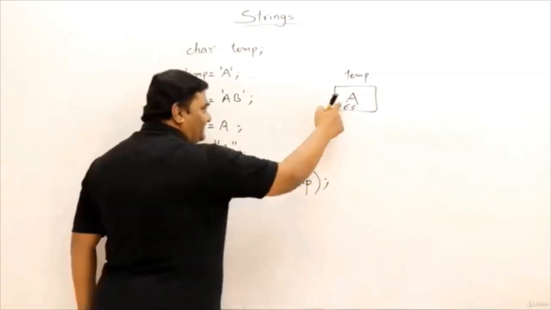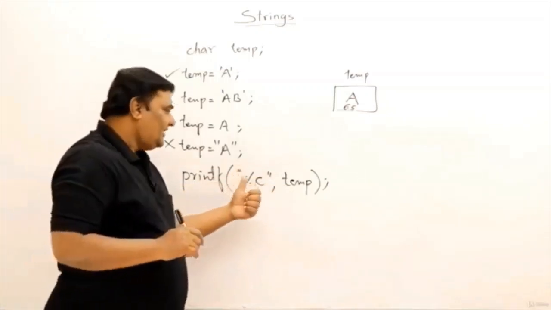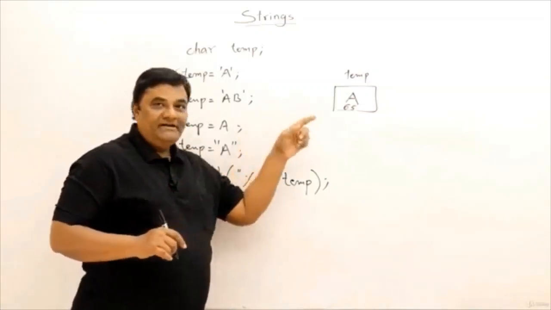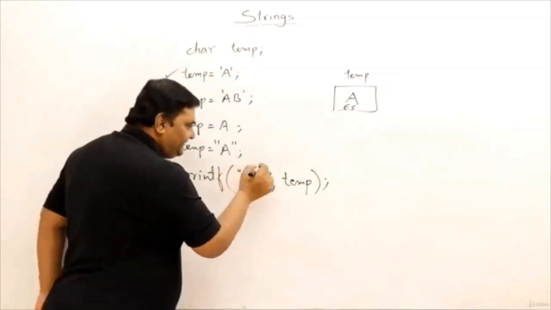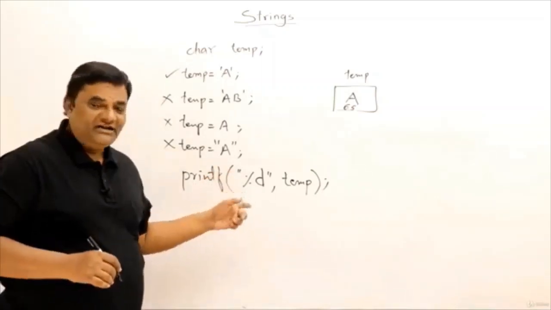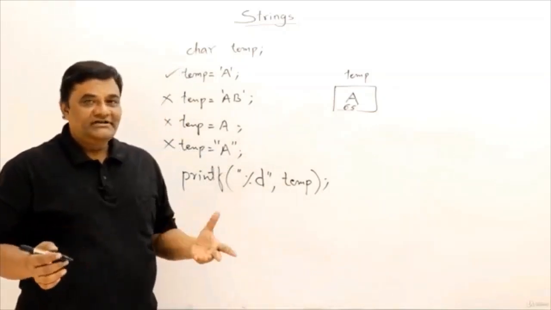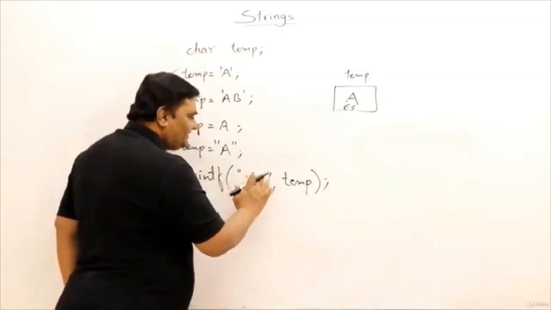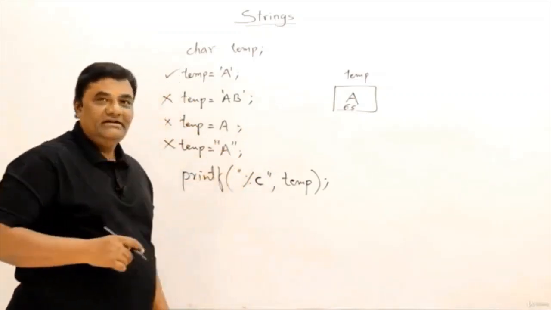Now the value of temp is 65, so actually printf should print 65, but we have given a control character C, so it will print the letter A on the screen. Instead of C, if I use D, then it is a decimal integer type, so it will display 65 on the screen. With this you can understand that basically it is 65. As we said we want this in character form, printf will print that as A.